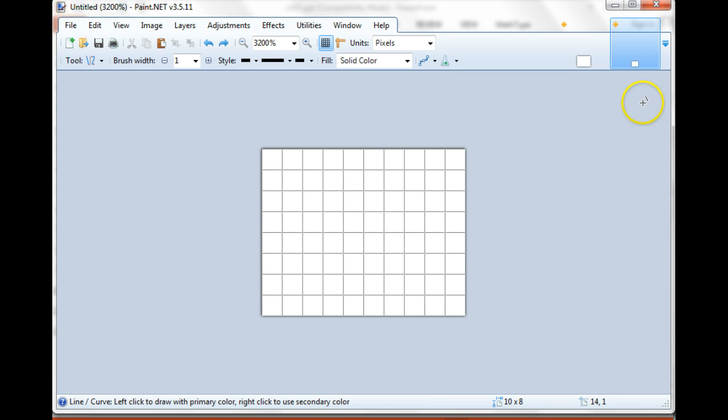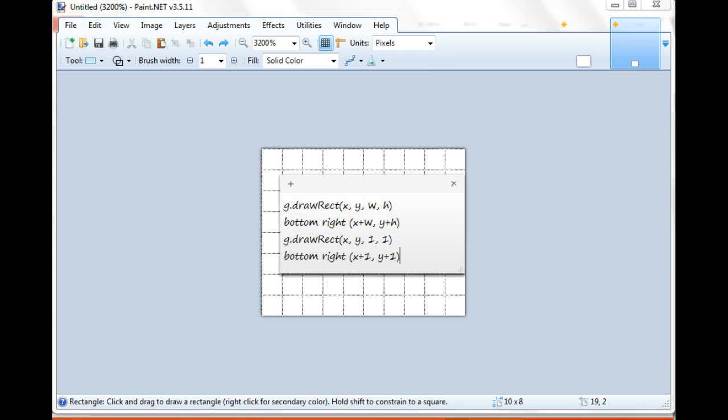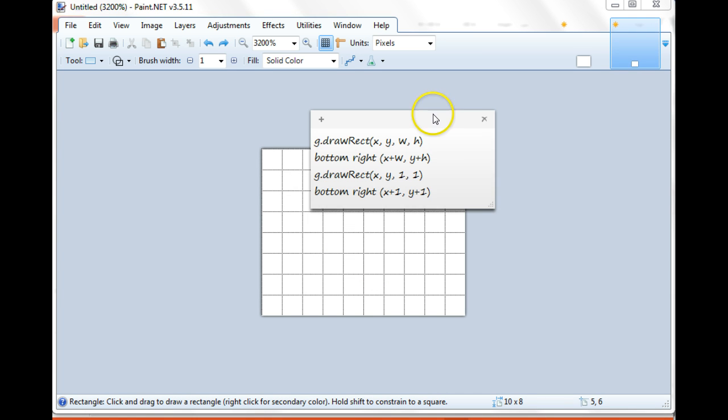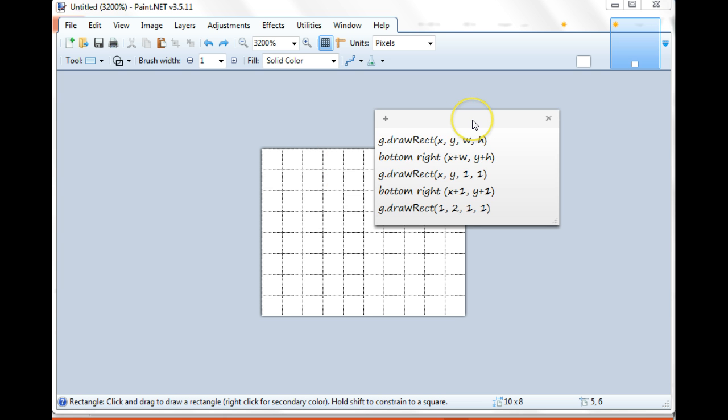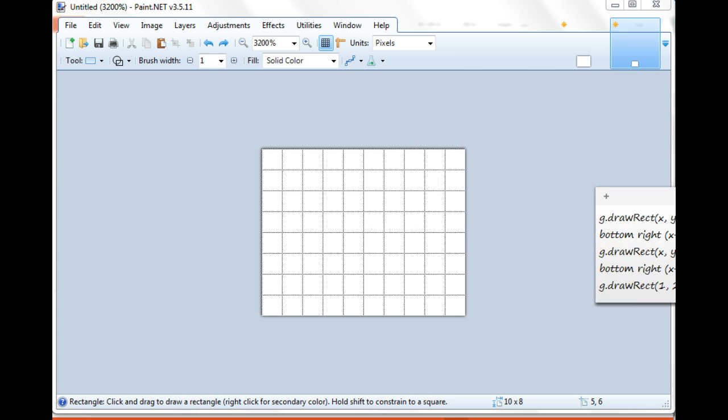Hold on. Let's make this a rectangle. So I'm going to draw from 1, 2, and I'm going to use a width of 1 and a height of 1.